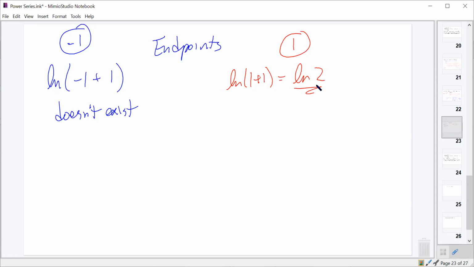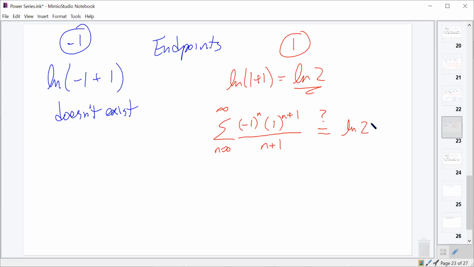So the question is, does the sum from n equals 0 to infinity of -1 to the n, and then instead of x to the n plus 1, we're going to replace the x with a 1 to the n plus 1 over n plus 1, does this equal natural log of 2?